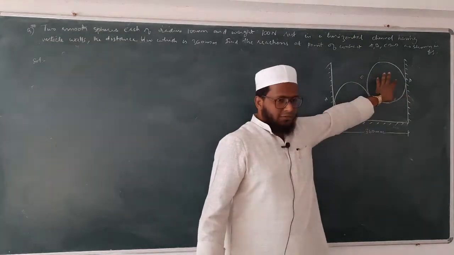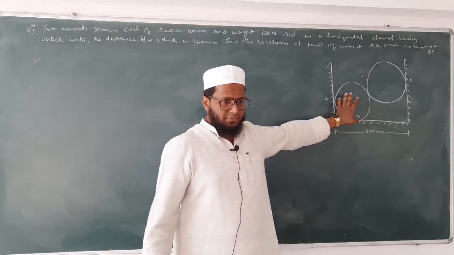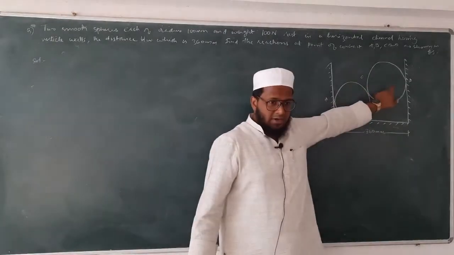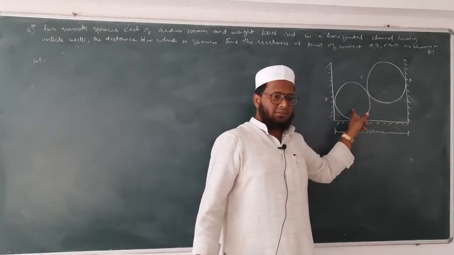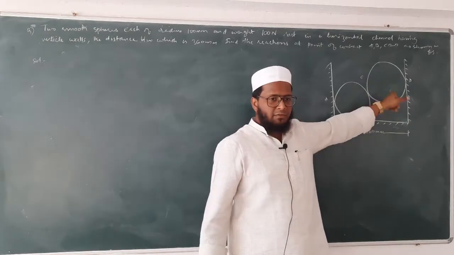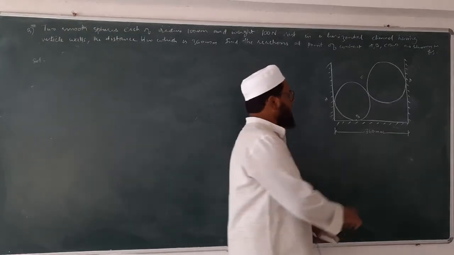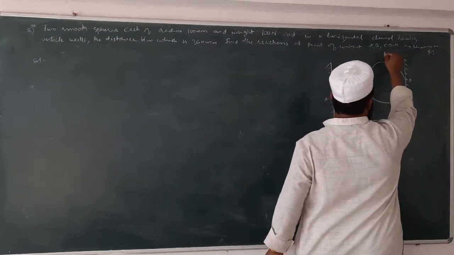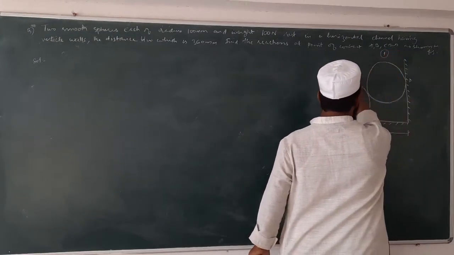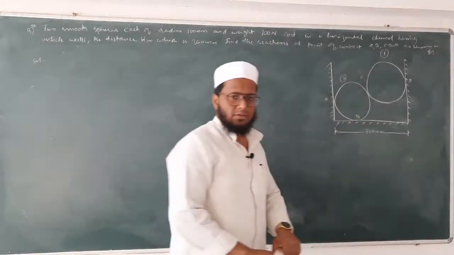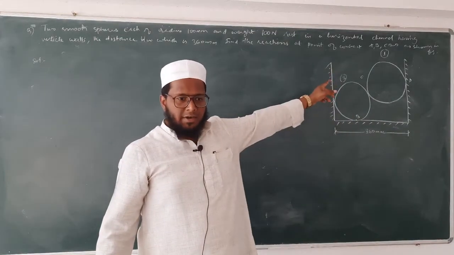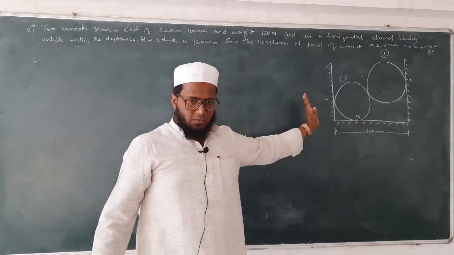The weight of this sphere is falling on this one. So before that we need to calculate what is the force acting on this sphere. So first we will take the sphere, we will name this as 1. This is 1 and this one is 2. So sphere 1 is independent compared to sphere 2, isn't it?